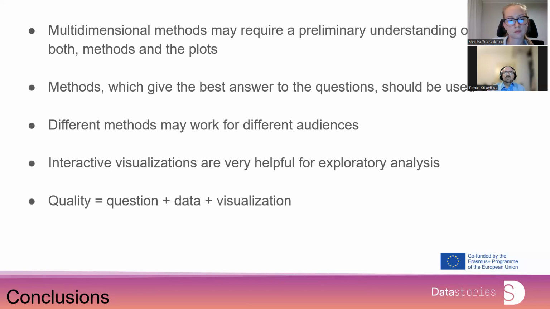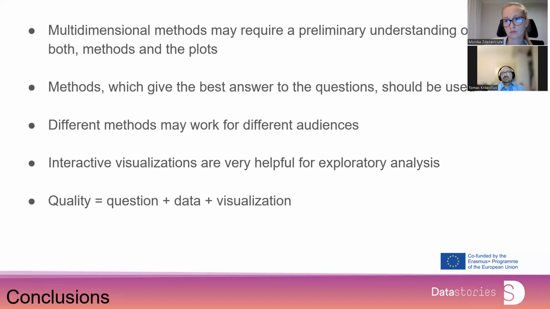And of course, when it comes to the quality of visualization, you have to start with questions. Basically, what you want to find in this data. Then of course you need data, and you have to ensure the quality of your data, because if your data is wrong, if you have errors, if you have missing values, your result is not going to be very useful.